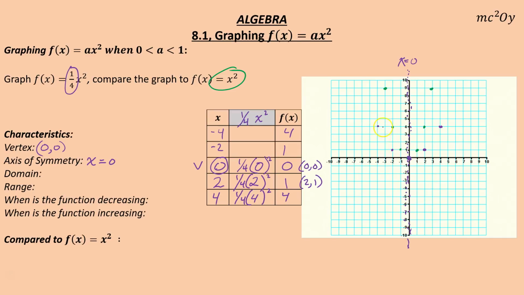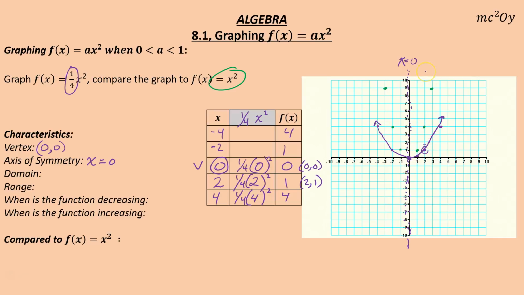Notice my graph has kind of got a little bit wider. Okay, this point right here has moved down. It's like we're multiplying this point by 4 to get to here, or taking this point and dividing by 4. And like I said, this would have been 1/4, so it would have been 1 divided by 4.